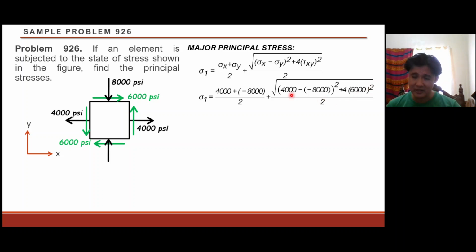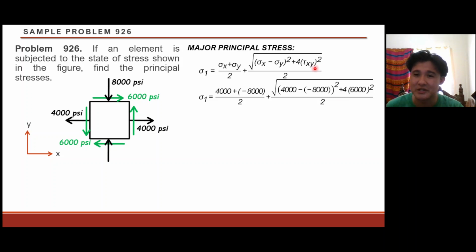So, sa shear stress naman, hindi na natin kailangan i-consider kung negative o positive because i-square naman natin siya. Hindi naman pala important yung sign ng shear stress dito sa equations natin.